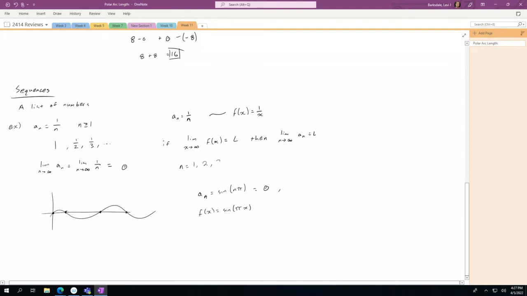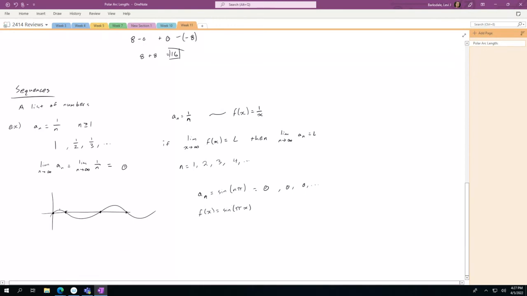So that'll be 1, 2, 3, 4, and so on, right? So if I take the sine of pi, that's 0. If I take the sine of 2 pi, that's still 0. Sine of 3 pi is 0, and so on. So all of these terms are 0. Because it's all just a constant 0, we can take the limit of just 0, and that's 0. But this function doesn't have a limit.